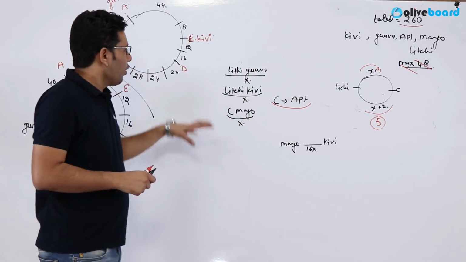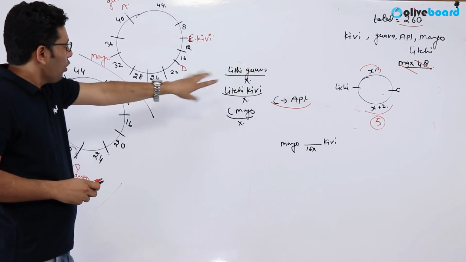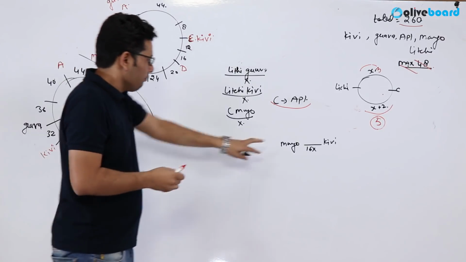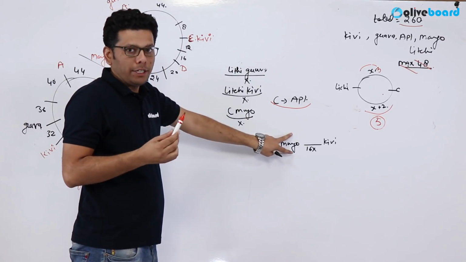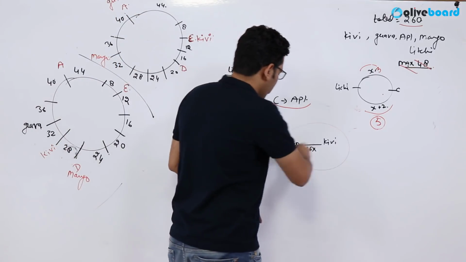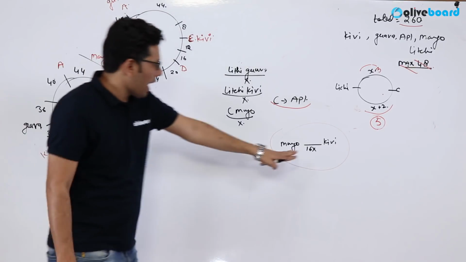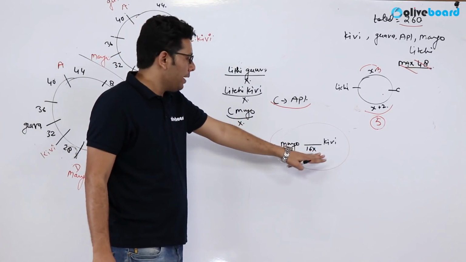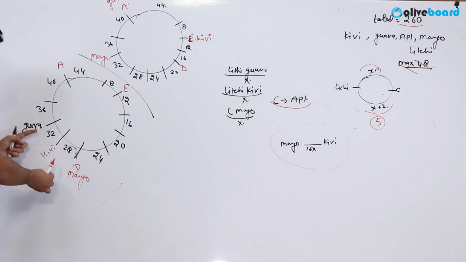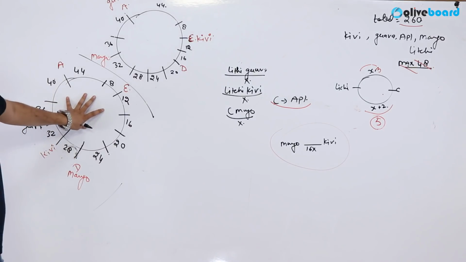Okay, so what the data we have, that we have decided the C. So we had to place C. And one more data we had, it's just about the elimination. We can use this data because we have already put the mango and kiwi. Mango and kiwi have a gap between them that is a multiple of 16. And in this case, the mango and kiwi do not have a gap that is a multiple of 16.